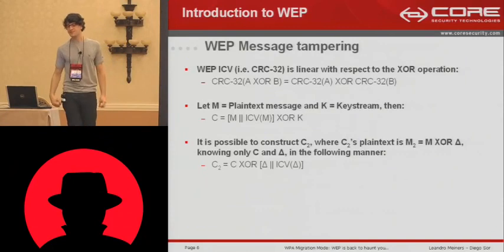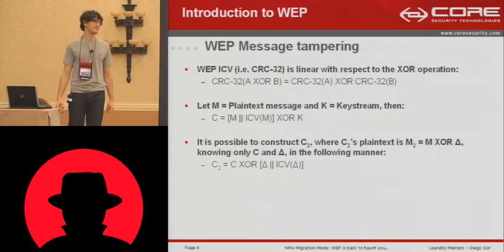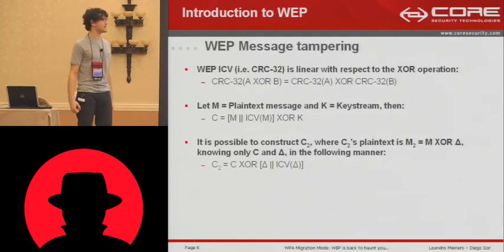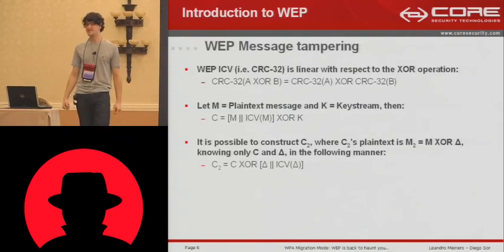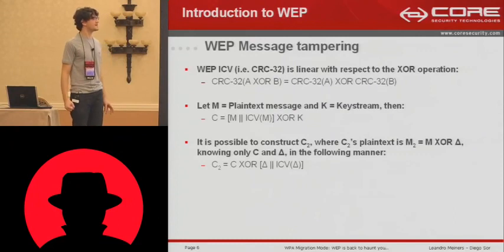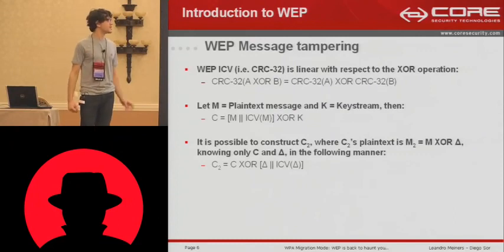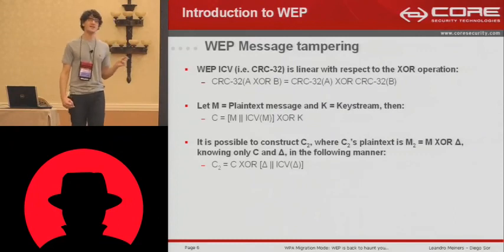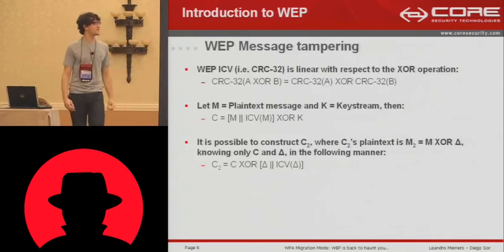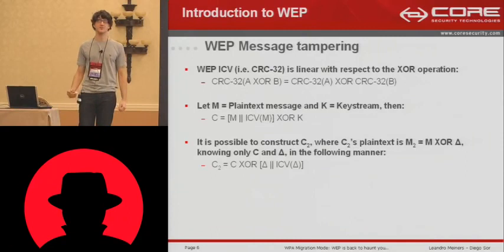So we claim that it is possible to build a new ciphertext, C2, based on the first ciphertext and a delta value that is arbitrarily selected by the attacker, and we can control it. So basically, knowing the ciphertext and setting a delta value, we can build a new ciphertext which is valid for WEP encapsulation.